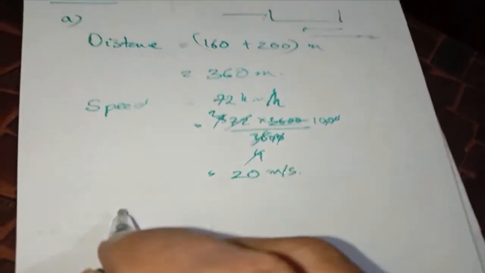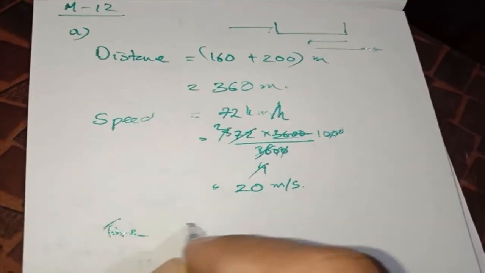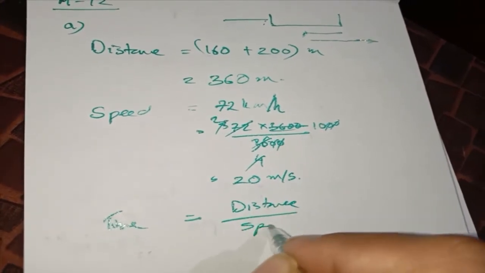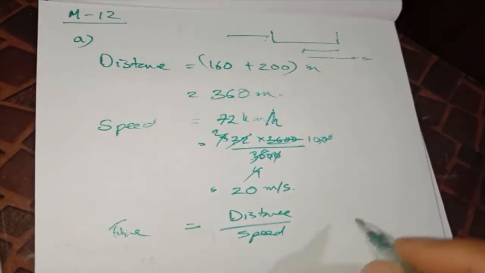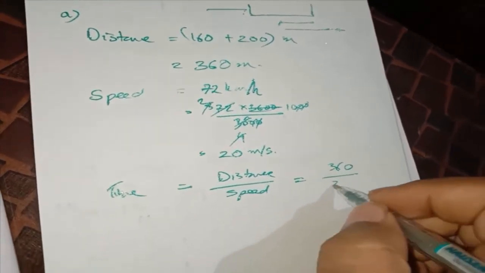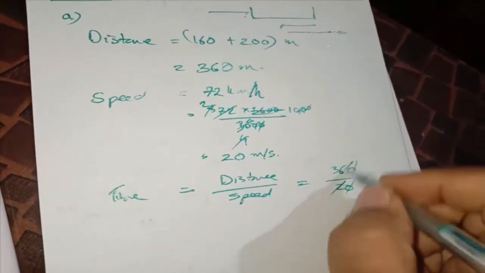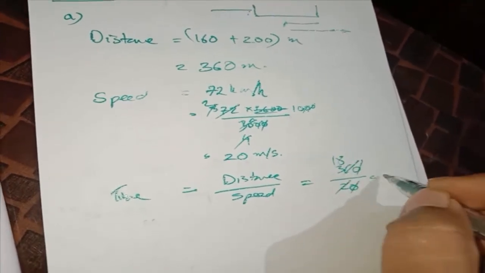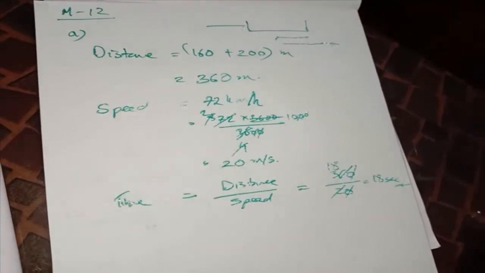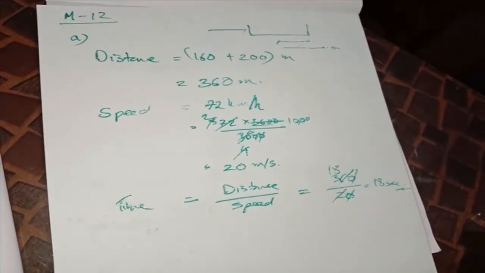We know that time equals distance by speed. Here distance is given as 360 and the speed is 20, so it will be 18 seconds. So this is how you are going to solve all the problems in module number 12.